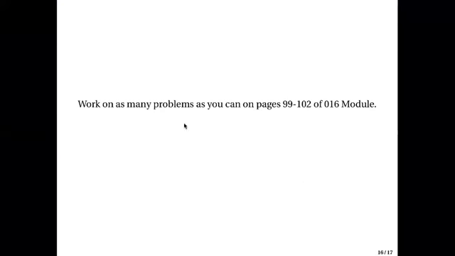The problems are similar to what we have already done. And then furthermore, you can work on as many problems as you can, on pages 99 to 102 of the 016 module. Okay, so thank you.